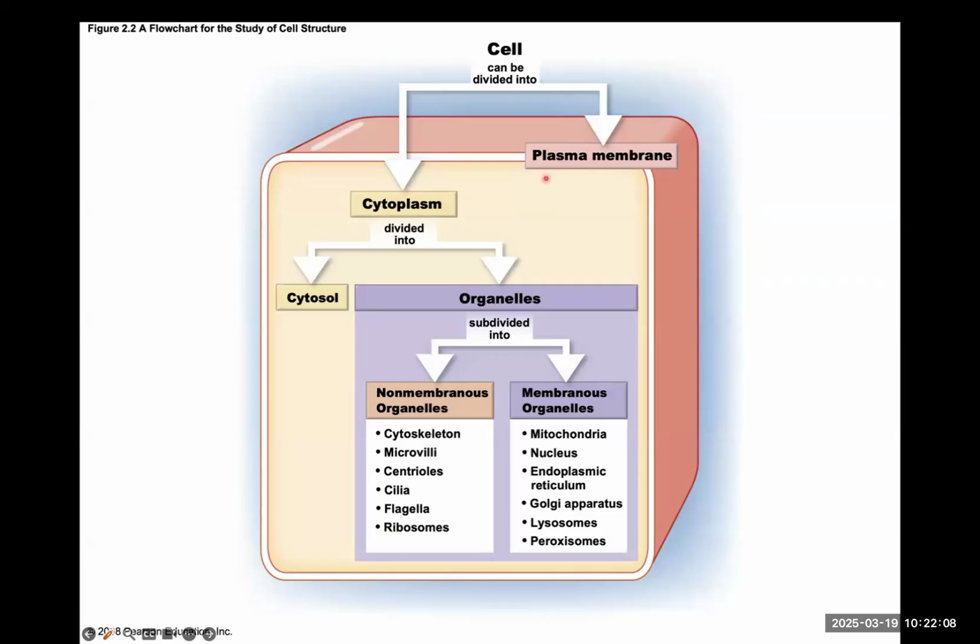On the inside, we have cytoplasm, which is divided into the cytosol and the organelles. The cytosol is the liquid part, and the organelles are the solid part, which is subdivided into non-membranous organelles and membranous organelles. If they have a membrane around them, they're called membranous organelles. If they don't have a membrane around them, they're called non-membranous organelles.